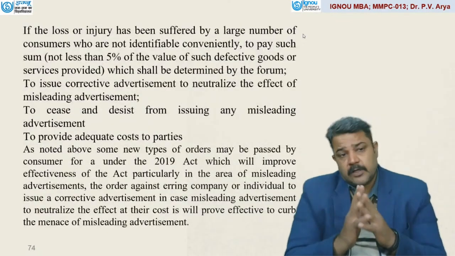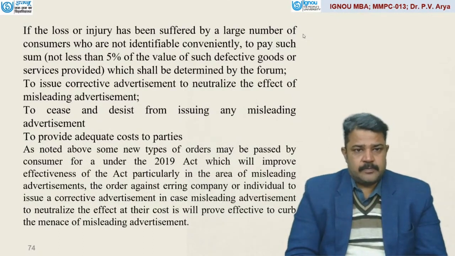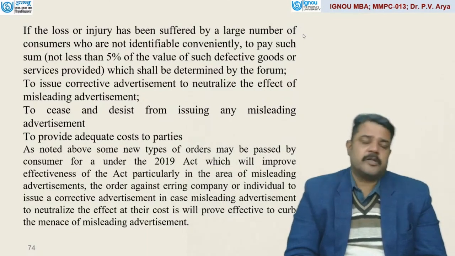If the loss or injury has been suffered by a large number of consumers who are not easily identifiable, to pay such sum, not less than 5% of the value of such defective goods or services provided, which shall be determined by the forum.